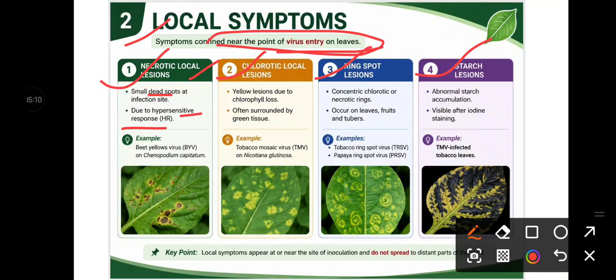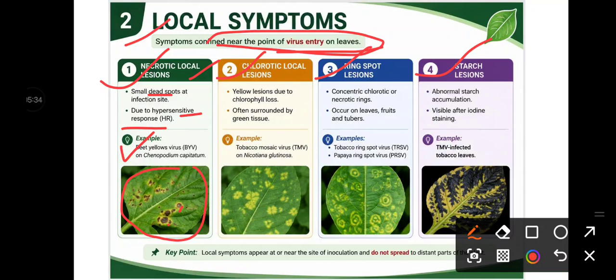A necrotic local lesion producing virus example is wheat yellow virus. Here in the photo you can see small necrotic lesions, and these lesions are not widespread, these are restricted, these are local symptoms. Then the chlorotic lesion. Chlorosis means loss of chlorophyll.